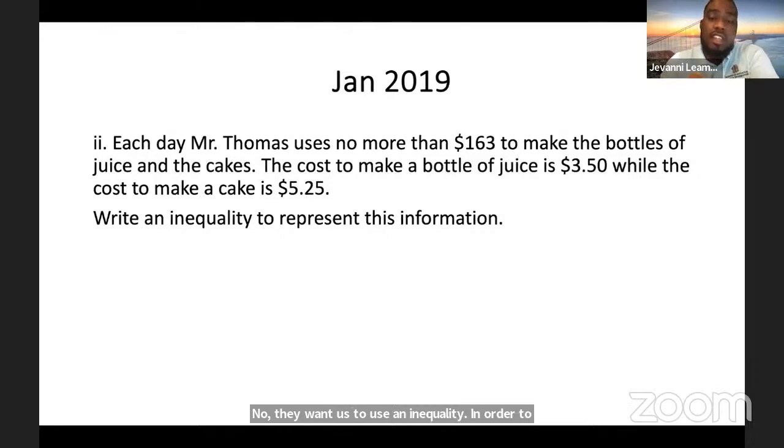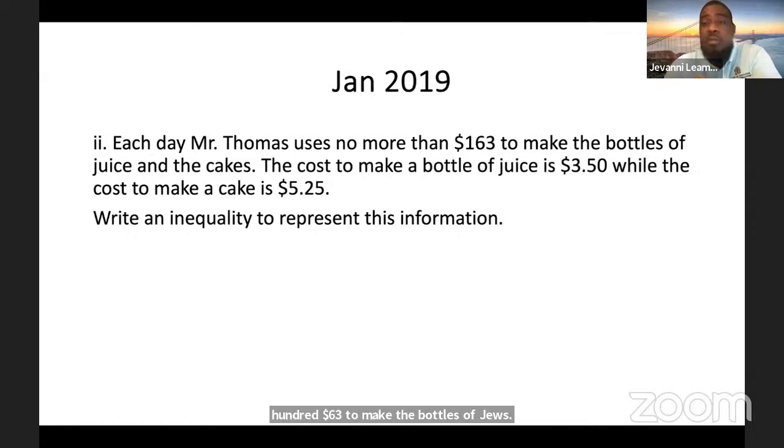So again, you want to decipher each of these sentences to see if they're actually related in a sense, and let's see what inequality we get. So let us see what inequality everyone will produce for this one. Again, each day Mr. Thomas uses no more than $163 to make the bottles of juice and the cakes.